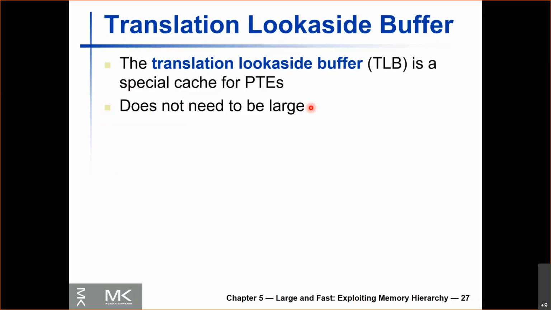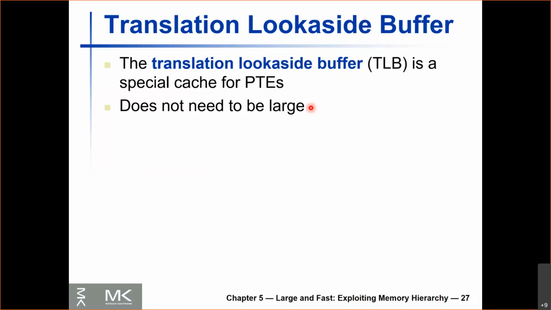But every page is 4 kibibytes. And what that means is if my program has good spatial locality, which programs usually do, then I'm going to need 1 address translation for every 4 kibibytes of instructions or 4 kibibytes of data that I access.